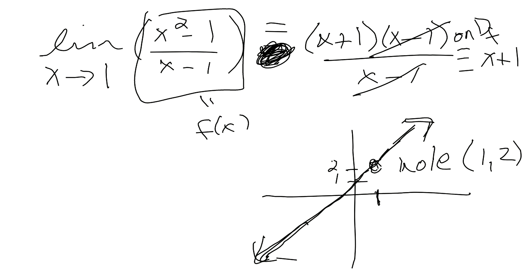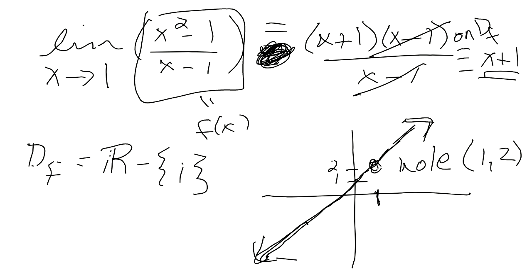Okay, does that make sense? But now the question is, before when I had f of x equals x plus 1 and I plugged in 1 into that, I get a height of 2. And so actually it exists there. But the domain of f in this case is all real numbers minus the set containing 1.